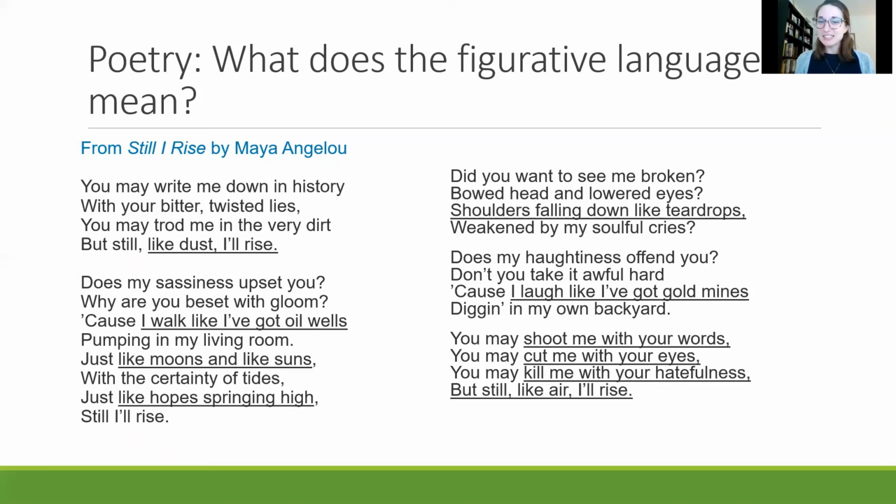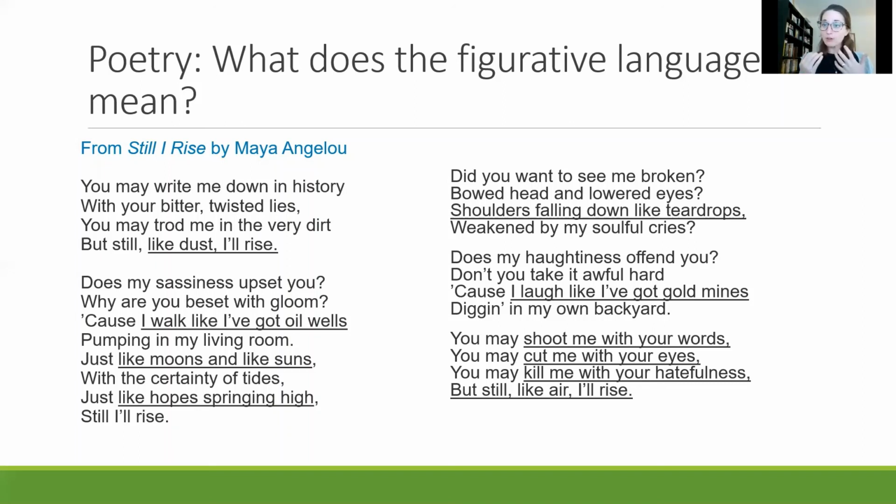Now our next one says, did you want to see me broken, bowed head and lowered eyes? Shoulders falling down like teardrops, weakened by my soulful cries. So we see a sad tone to this particular stanza, and specifically when we see the shoulders falling down like teardrops. So of course the shoulders and the teardrops are not the same, but it helps to give us a visual.